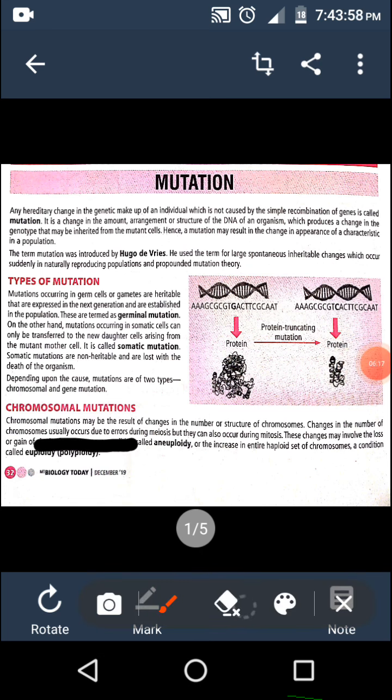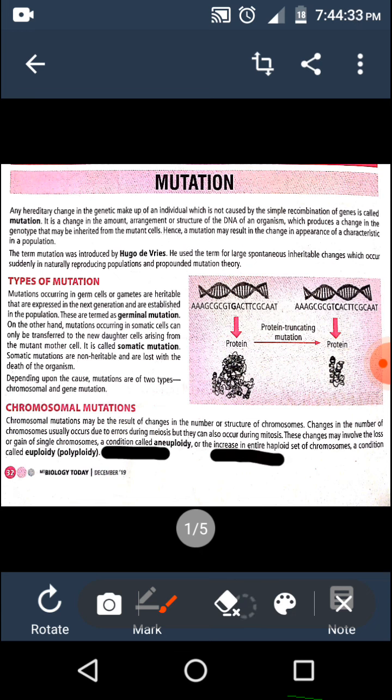Chromosomal mutations may be the result of a change in the number or structure of the chromosomes. Chromosomal mutation is studied based on a change in the number of chromosomes or the structure of the chromosomes. A change in the number of chromosomes usually occurs due to errors during meiosis or mitosis.